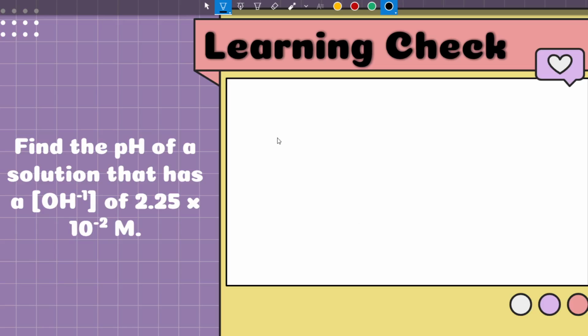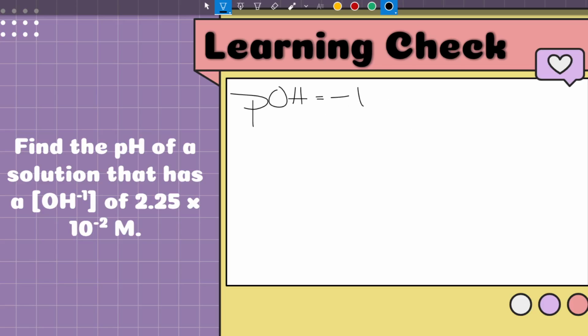Now, what if I want to find the pH of a solution that has an OH concentration of 2.25 times 10 to the negative 2 molar? What you're going to do here is solve for your pOH first and then use the relationship between pH and pOH to determine your overall pH.